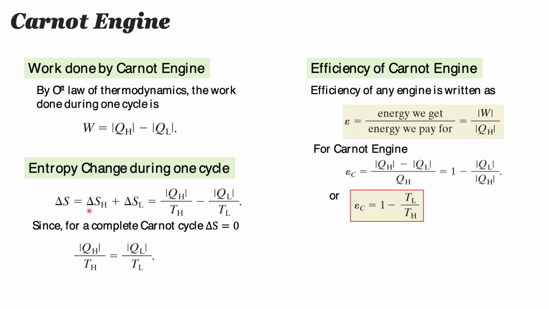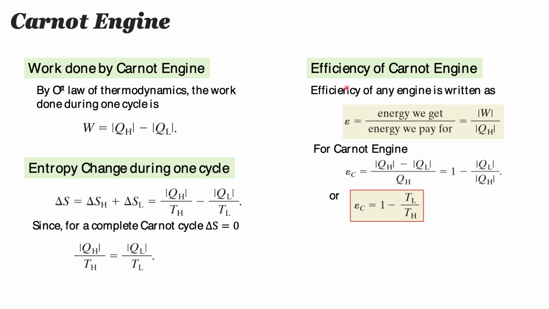Therefore delta S, QH over TH minus QL over TL, will be equal to 0. Therefore we can write that QH over TH is equal to QL over TL. This is the change in entropy during one cycle of the Carnot engine, right?